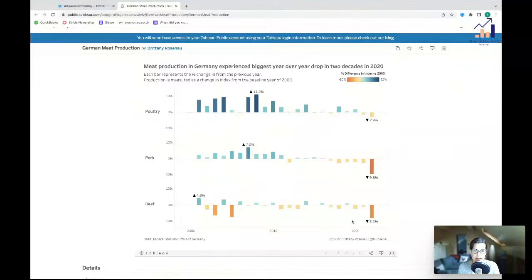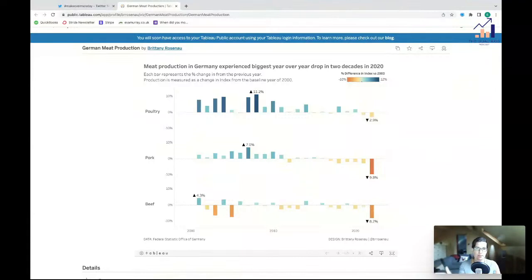In 2020? No, in 2021. Or in 2022. What year is this? Oh yeah, 2022. So is it in 2022 that the biggest drop happened? Because it's the one that's annotated, so maybe meat production in Germany in 2022.